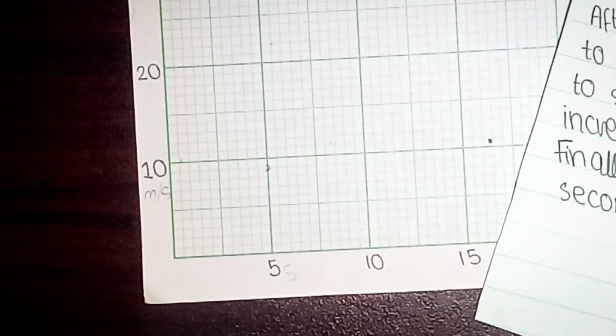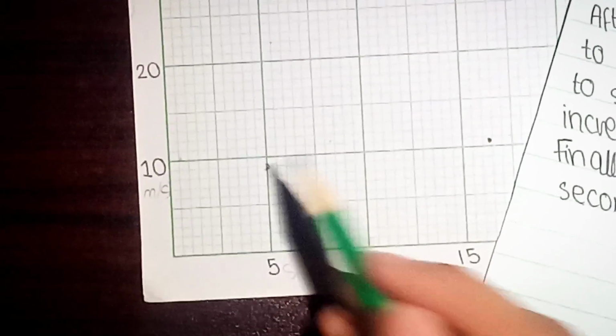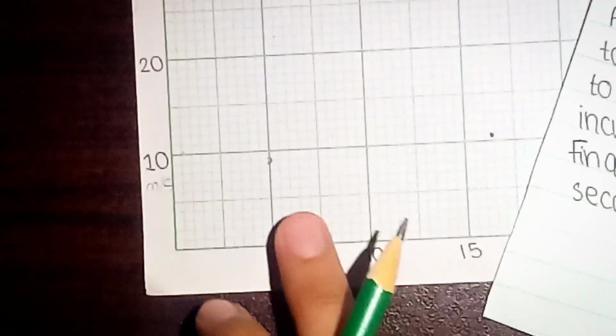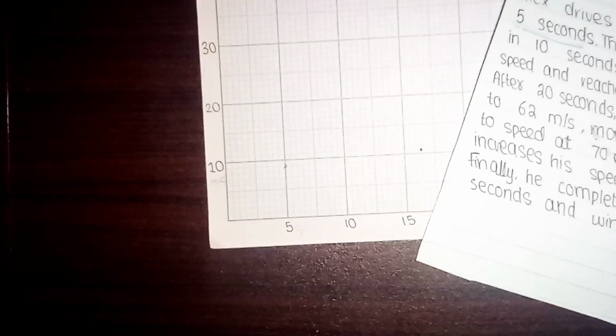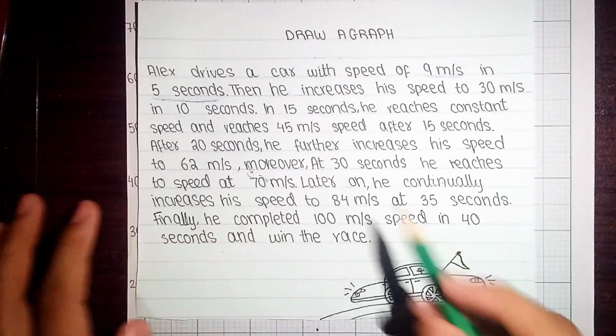Remember that you must do it very perfectly, so that it is visible for your examiner, otherwise marks can be deducted. Not to do much, as it can also mess up your graph. So this is how I have completed my first task and moved towards the next statement.